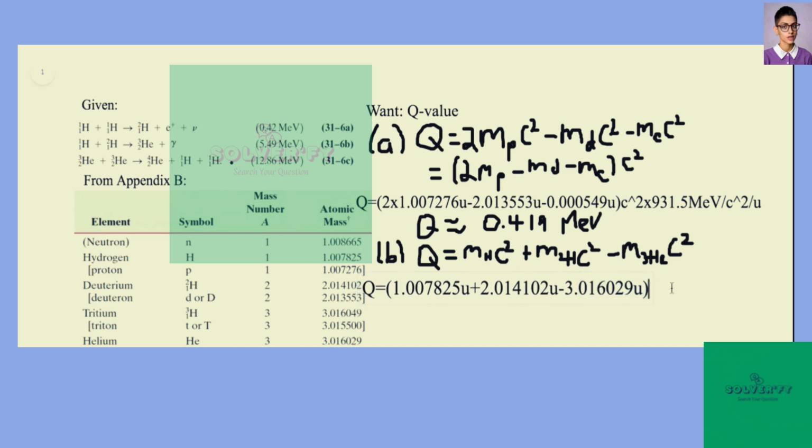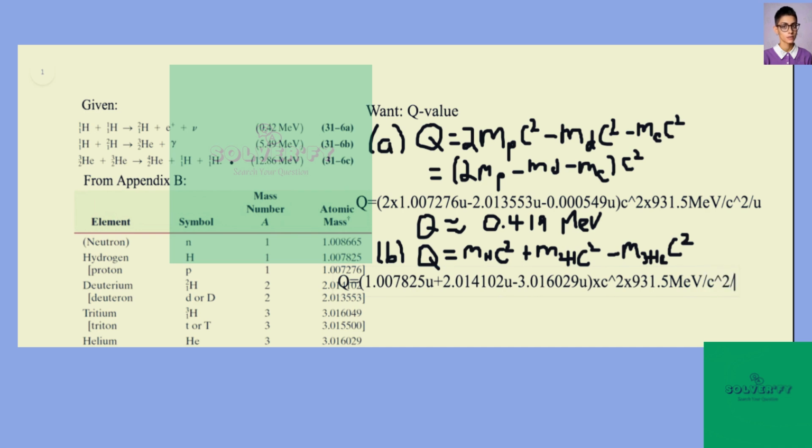We'll multiply all of this by c squared, and again by our conversion factor to get megaelectron volts. And again, we can put this into a calculator and obtain a Q of approximately 5.49, or essentially 5.49.